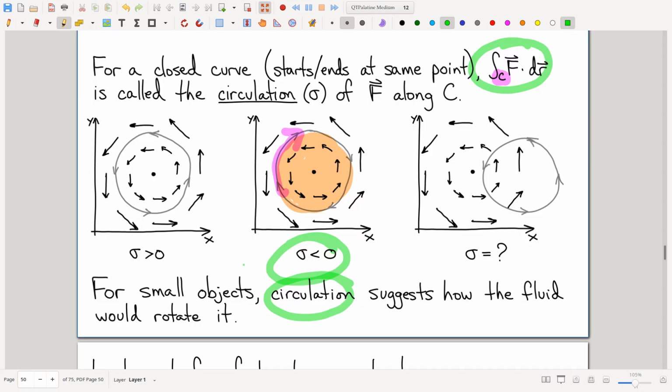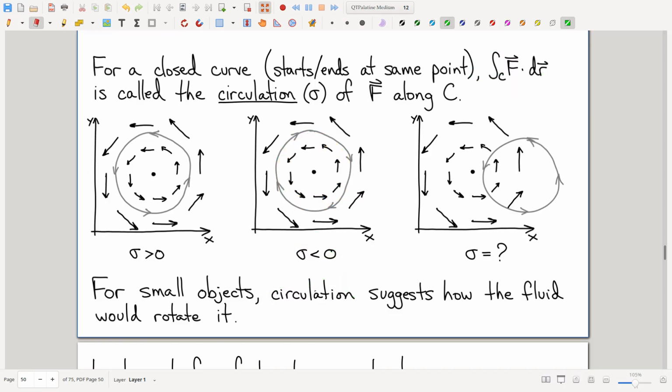Well, quite the opposite, isn't it? It's the same fluid, same leaf. It's still going to be rotating counterclockwise. It's just that now counterclockwise is negative because we've defined clockwise to be positive. Everybody on board with that? Okay, so a helpful point of view. It's going to come up again in a few minutes.